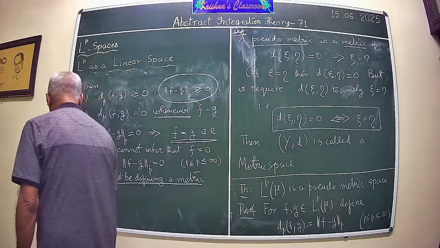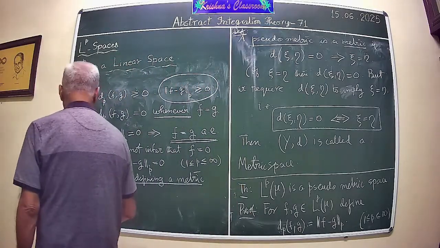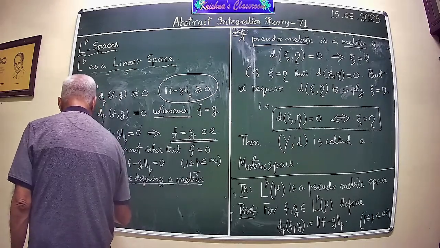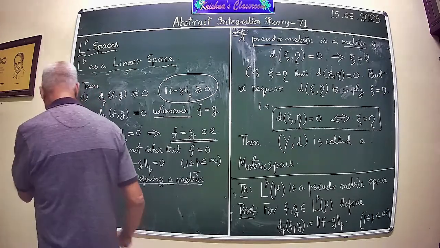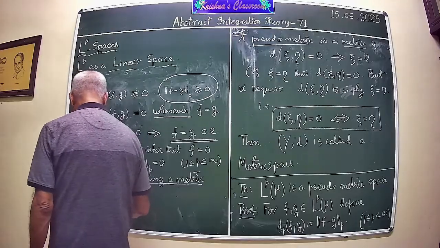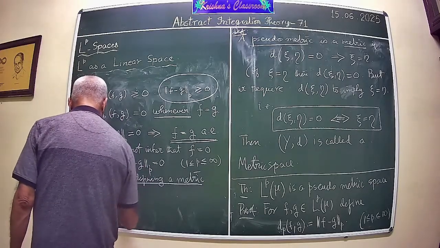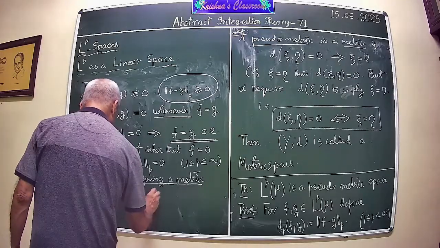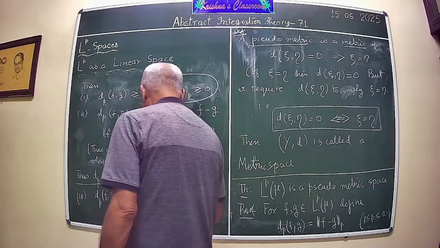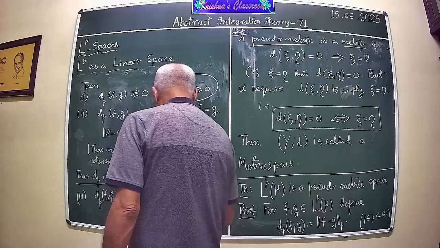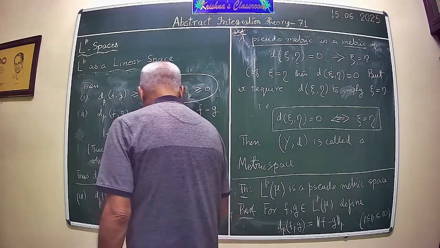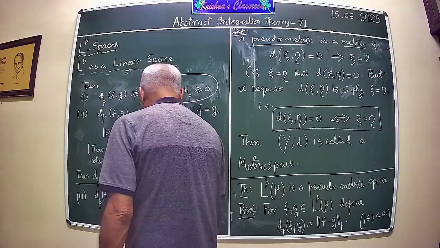So we look at the other properties. Now these are all trivial to verify. Symmetry is a consequence of the definition.